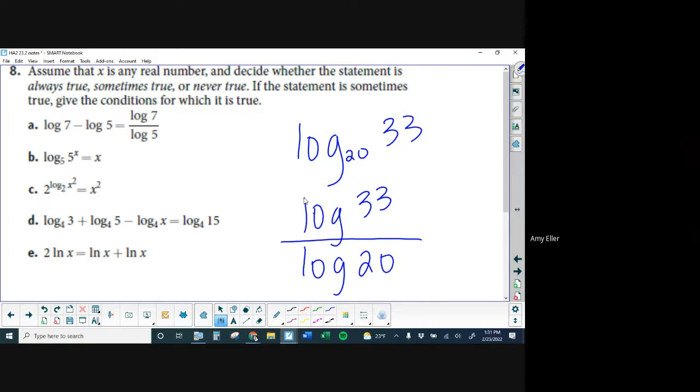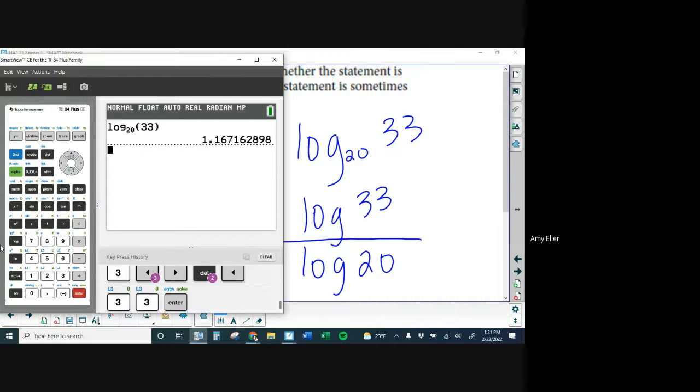No. It's log base 10. So if you're typing that in your calculator, you don't have to use the fancy button. Log base 10s, you can just use the log button right by the 7. So you're typing log of 33, close that parentheses, divided by log 20.